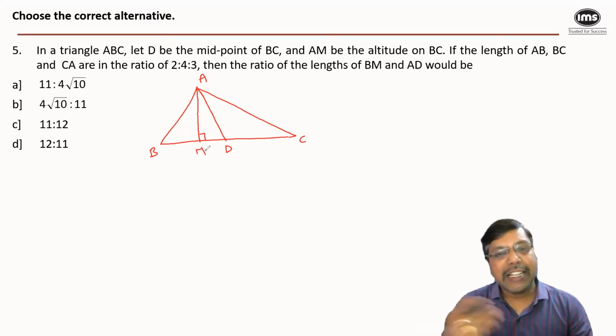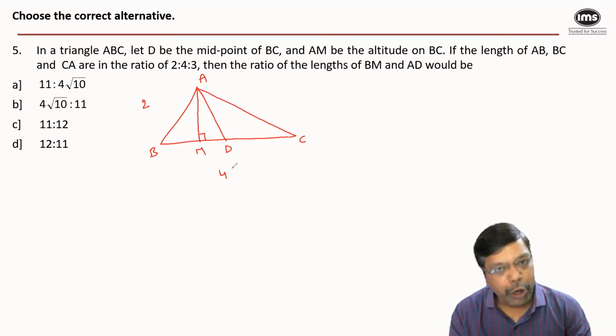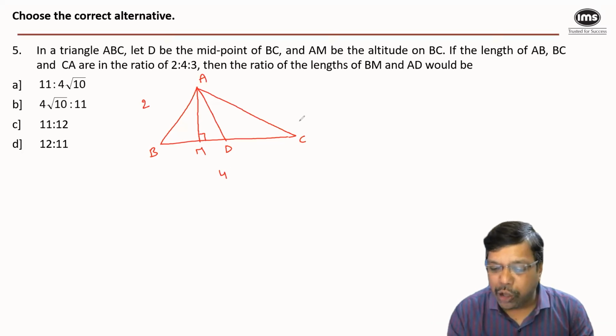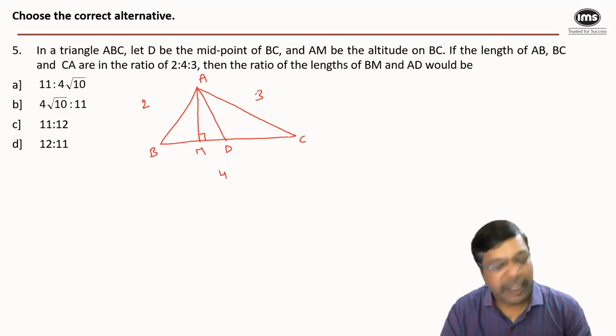Okay, let us start with BM. Now suppose I consider the length of AB to be 2 units, then the length of BC will be 4 units, and the length of AC will be 3 units because the sides are in the ratio 2:4:3.